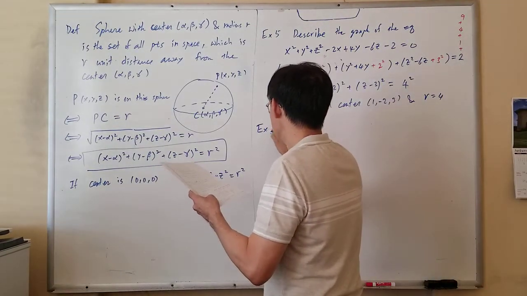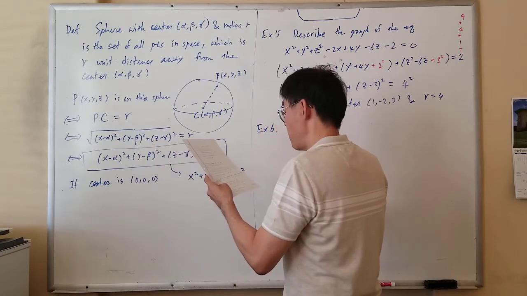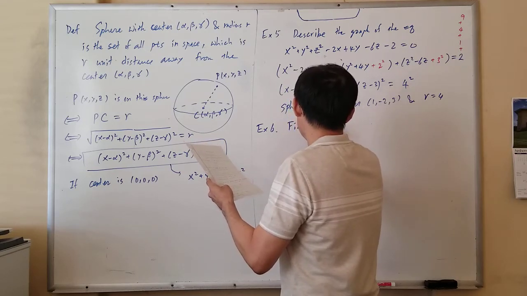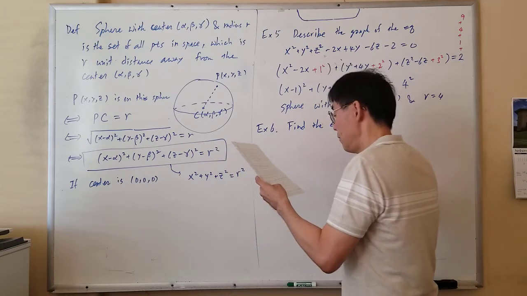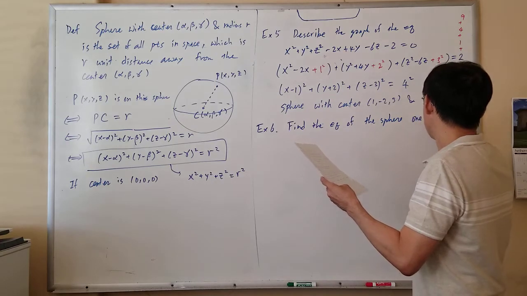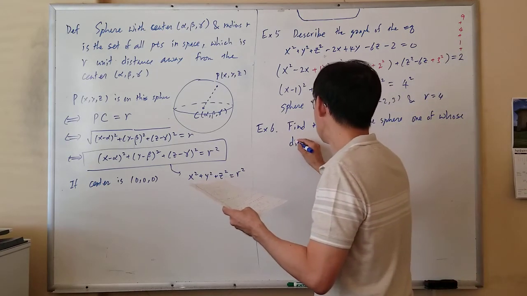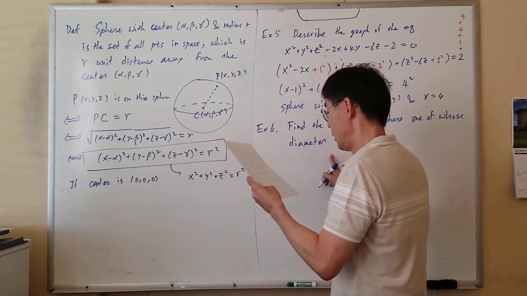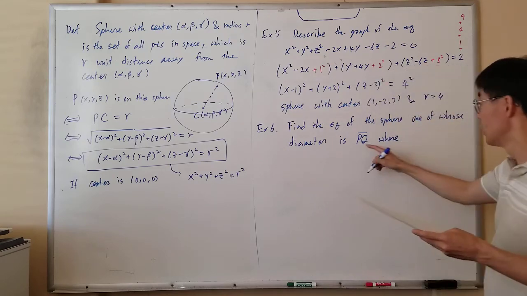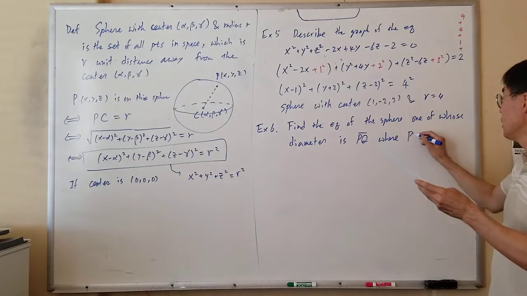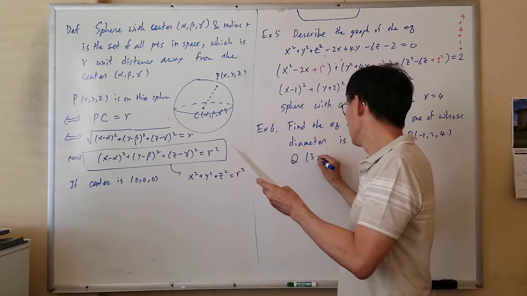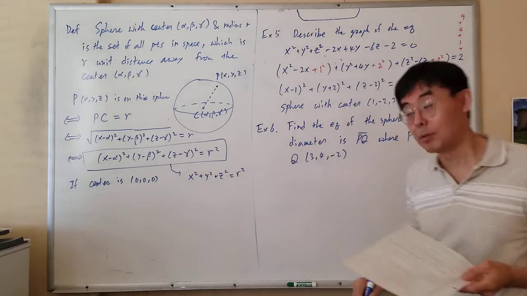Now, example 6. Find the equation of the sphere, one of whose diameters is the line segment PQ, where P equals -1, 2, 4 and Q is 3, 4, -2.